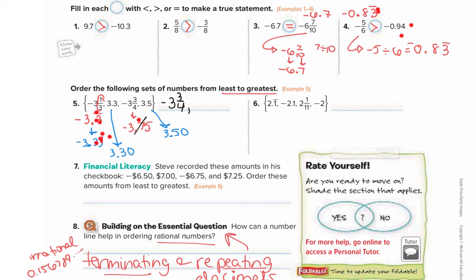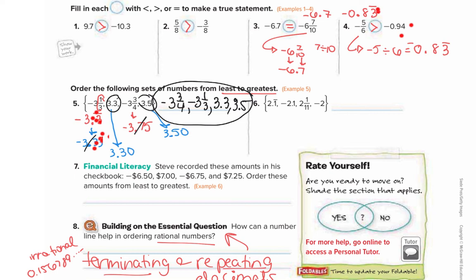Then negative 3.33 is the next least, which was negative 3 1/3. Then 3.3 would be the next least. And then the greatest is 3.5. So that's the order from least to greatest.